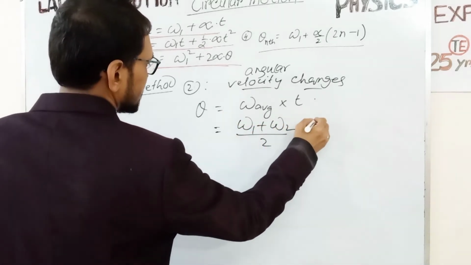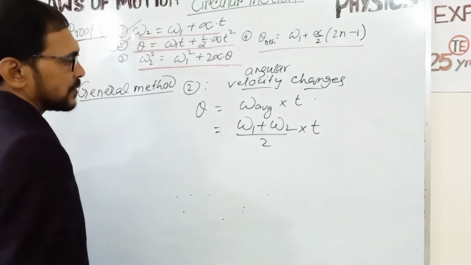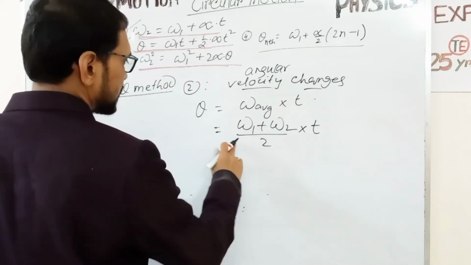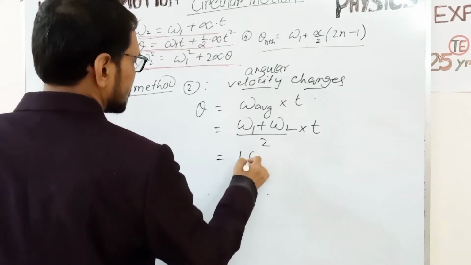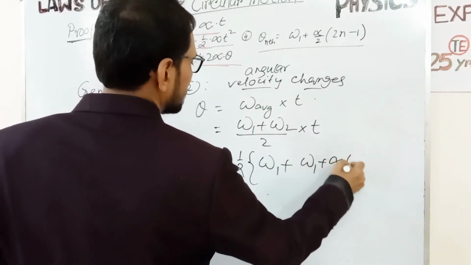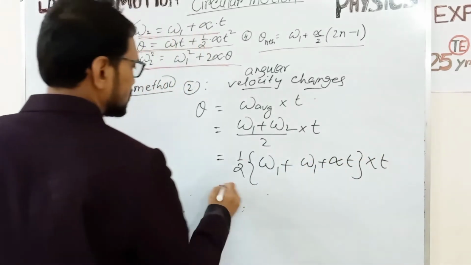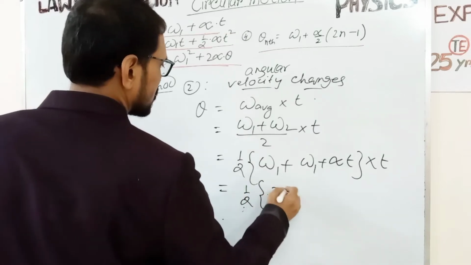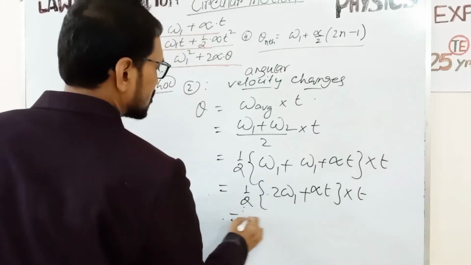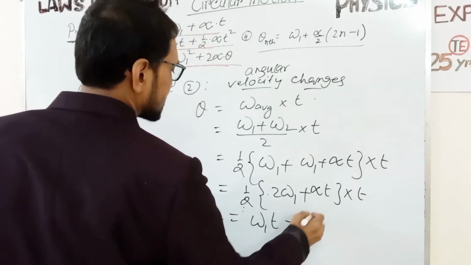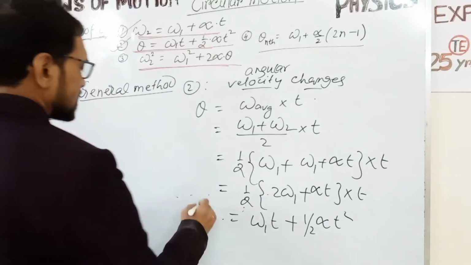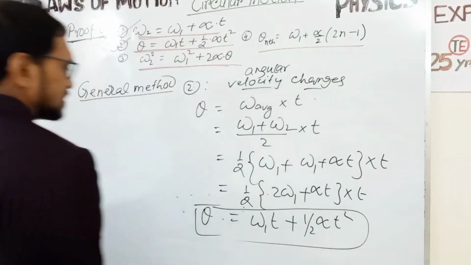So for the average, we take two values, initial and final, divided by 2. Now omega 1 plus omega 2 equal to, we know omega 2 equal to omega 1 plus alpha t, which gives 2 omega 1 plus alpha t, so theta equal to omega 1 t plus half alpha t square. So this is the proof of the second equation.